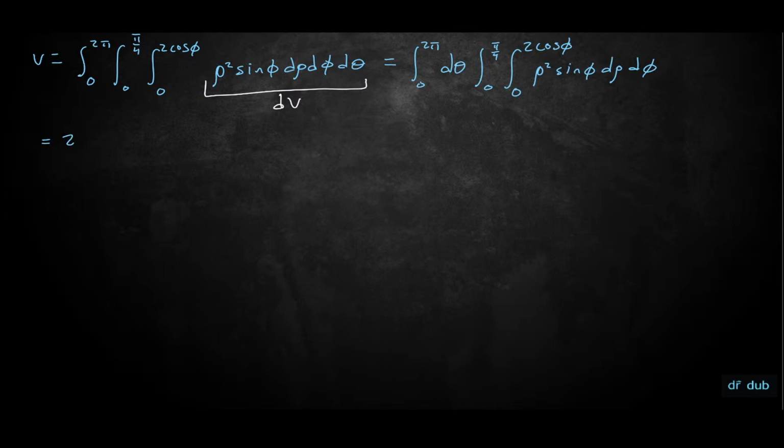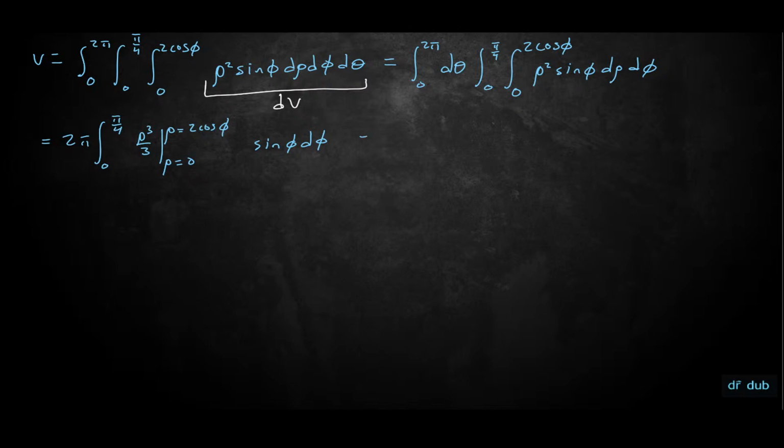So this is going to give us 2 pi times the integral 0 to pi over 4. If I integrate rho, I get rho cubed over 3. So rho cubed over 3 from rho equals 0 to rho equals 2 cosine of phi. And then sine phi d phi.